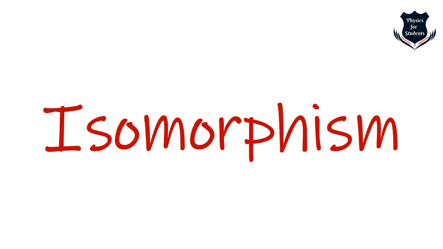We will deal with isomorphism first, so that things become clear, and once we move forward we will understand how and in what context it is being used. To be specific, the term isomorphism is context dependent.